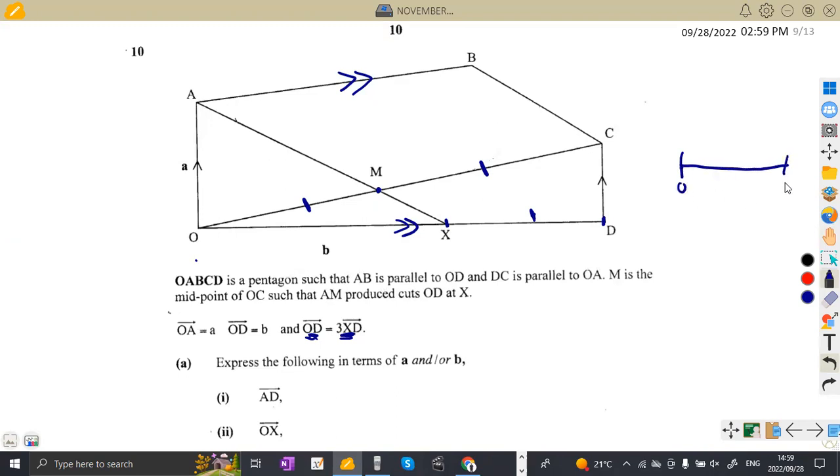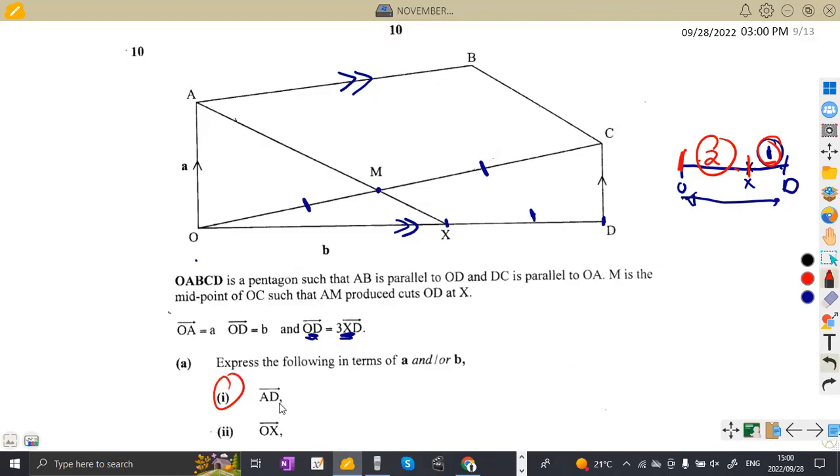This is our O, D, and this is our X. From X to D, this is XD, which is 1 XD. But we are being told that from O to D there are 3 of them. So here we have taken 1 XD, and we're going to remain with 2 from X to O. So that 2 plus 1 gives us 3. All right, so that becomes an advantage to answer any question.